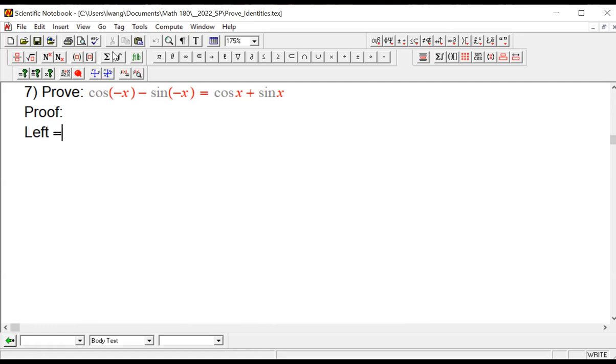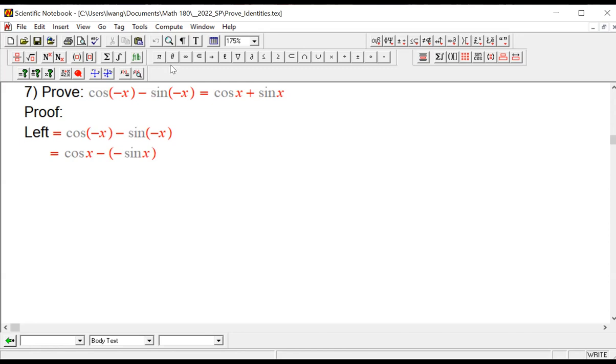Naturally, we're going to start from the left. Of course, you can start from the right, okay? So when we start from the left, I would use the even function, odd function property. Cosine is an even function, so opposite inputs give the same output. The next one, sine of negative x is negative sine x, that's the odd function, right?